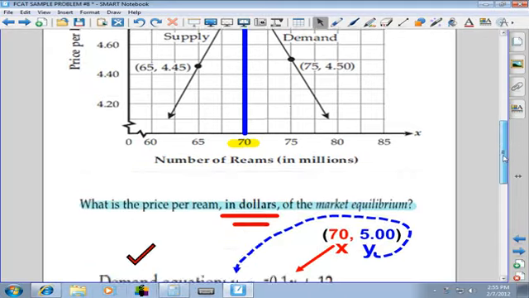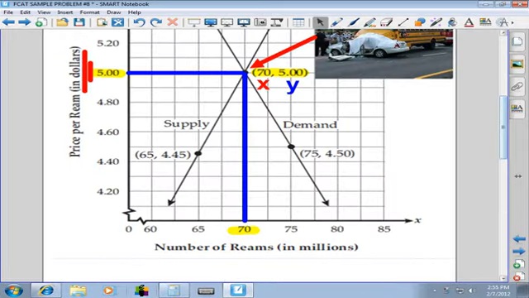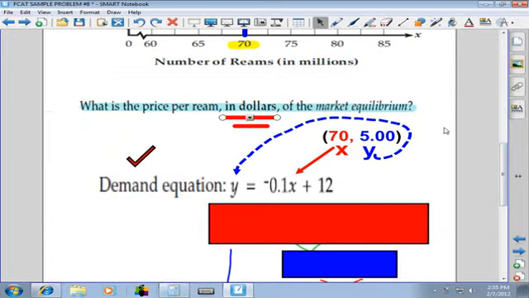Now the question says, what is the price per ream in dollars of the market equilibrium? So basically, you've got a choice here. You're either going to tell me that the answer is 70, or you're going to tell me the answer is $5. If I go back and read the question, they're asking me for the answer in dollars.